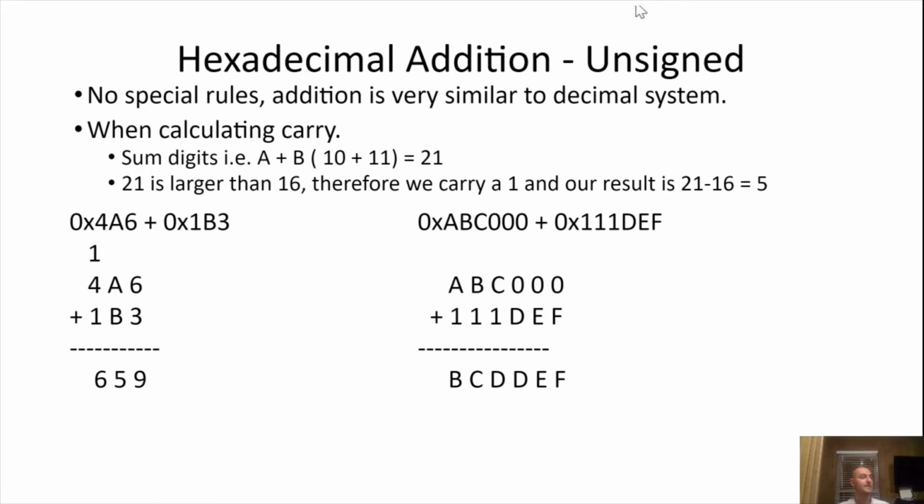Here we are looking at the hexadecimal numbers addition, unsigned only. So there is the positive only. So it's very similar to what we have done with the binary or what we have done with the decimal. The only thing that could be tricky is the carry. So let's first look at something in decimal that you're familiar with.